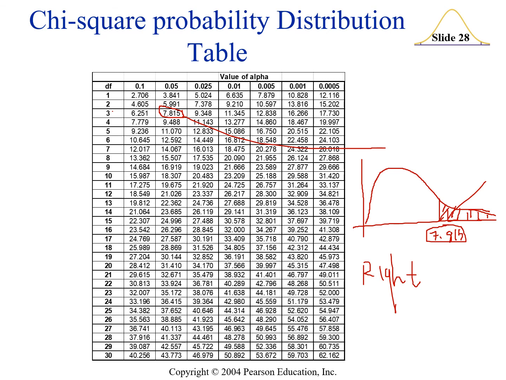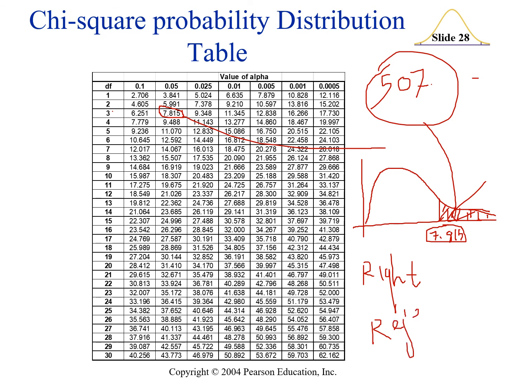What about our test statistic? Our test statistic value is a very big number, 507 point something. So this value falls within the critical region. When the test statistic falls in the critical region, we reject. The decision is to reject the null hypothesis.